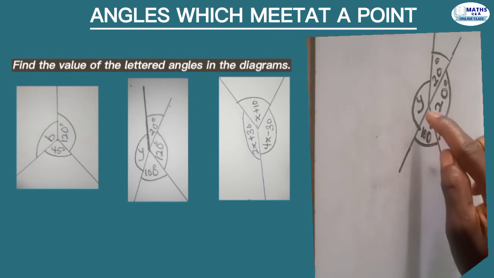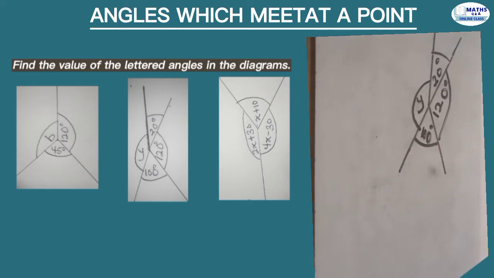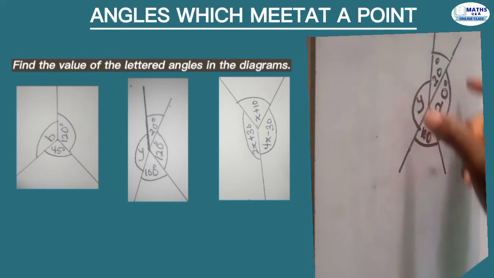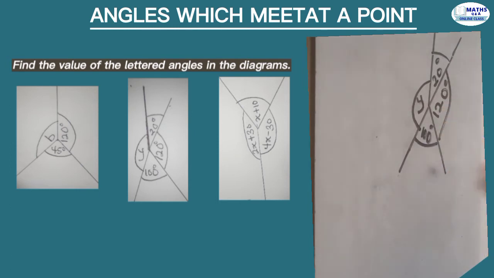Now we have Y, 20 degrees, 120 degrees, and then 100 degrees. So you see that all these angles meet at a point, right? Therefore, we say that angles at a point is equal to what? 360 degrees. So let's do that.